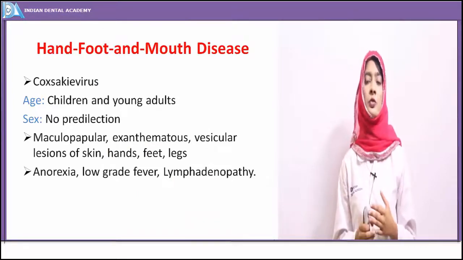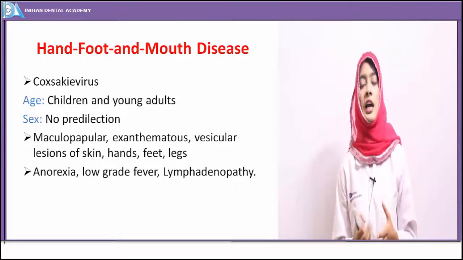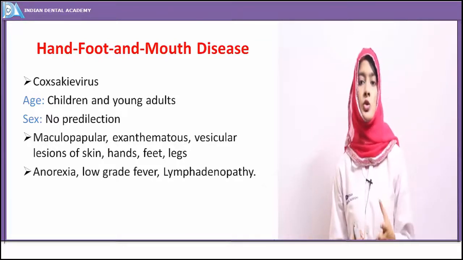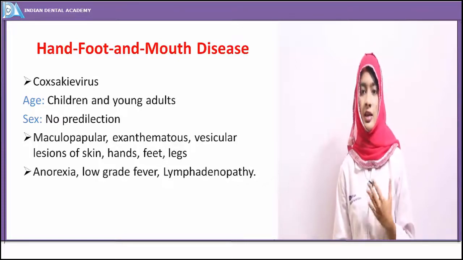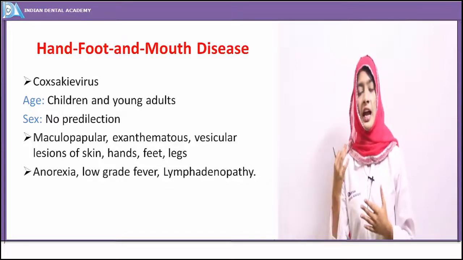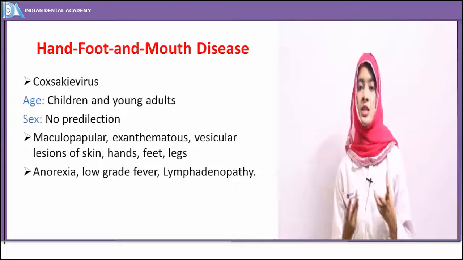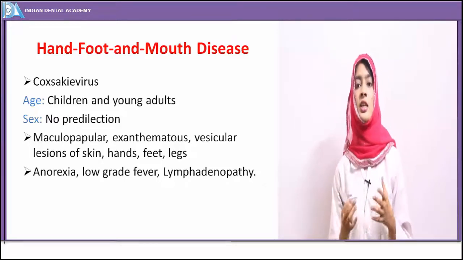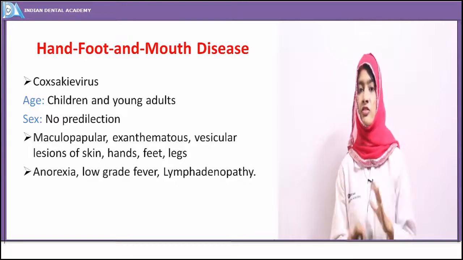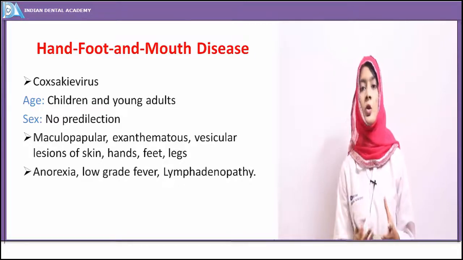The other is hand, foot and mouth disease. Hand, foot and mouth disease is also caused by Coxsackie virus, which is also an RNA virus. As the name suggests, the vesicles are seen characteristically on the feet, the hands and the oral cavity.